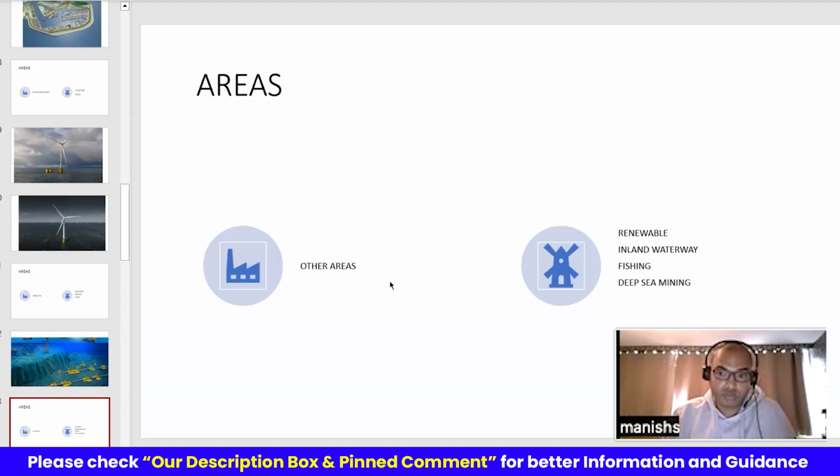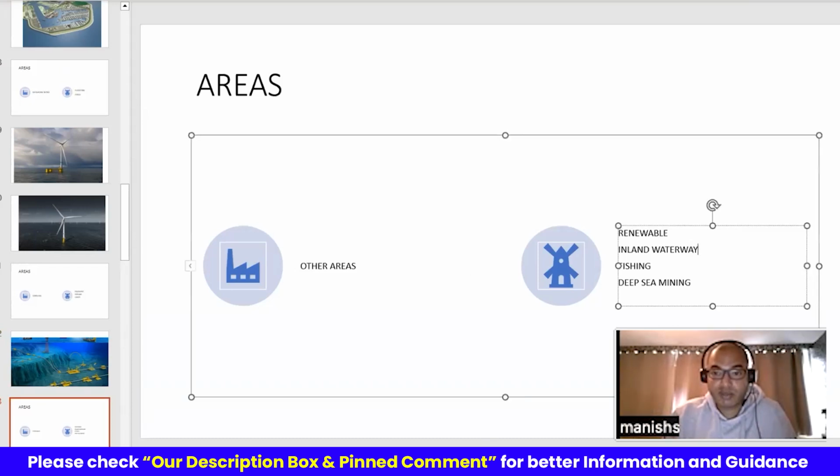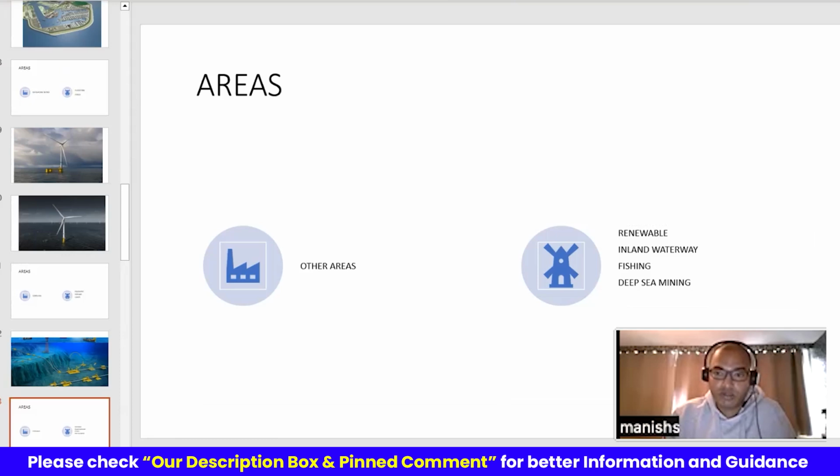Next, I'm going to talk about there are many other areas like renewable energy is coming in a big way in most Western countries to cut the emissions. So they are moving from oil and gas to renewable. Inland waterways is an important industry in Europe because a lot of rivers have ships running, container offloading ships, like you get the containers in Rotterdam from the big container ship, and then many small container ships take it to Germany, Austria, France, and different countries from that big container.